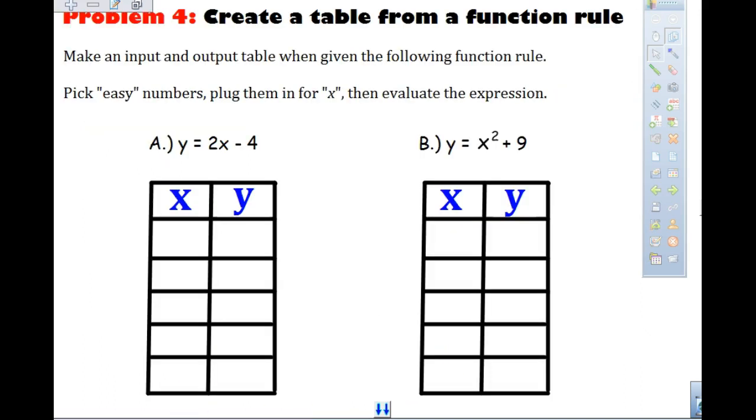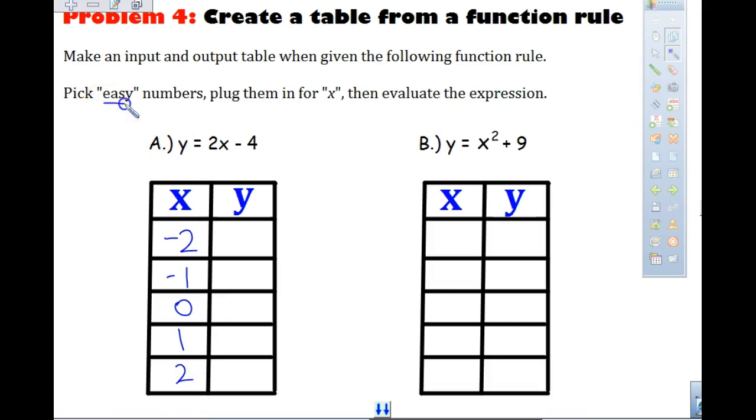In your homework tonight, to create a table for a function, make an input and output table with the following function rule. Pick easy numbers and plug them in for your x values. What I always want you to do for your x values is pick at least 2 positives and 2 negatives. We're going to start with our negatives, so we're going to start with -2 for x, -1, 0, 1, and 2.